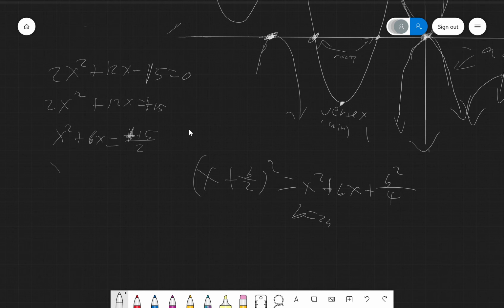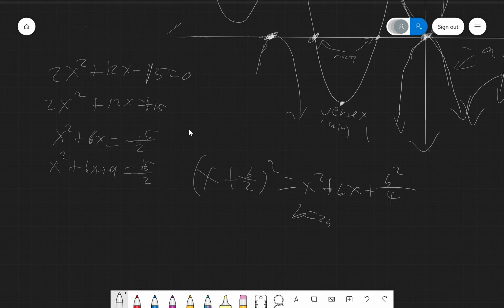So we do x squared plus 6x plus b squared over 4, which is plus 9, since 6 squared over 4 is 36 over 4, which is 9, equal to 15 halves.